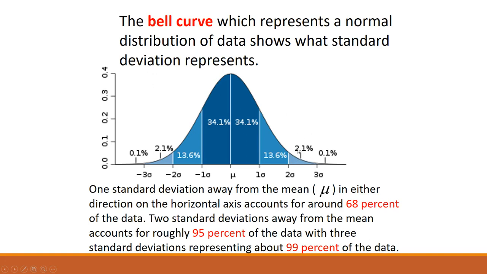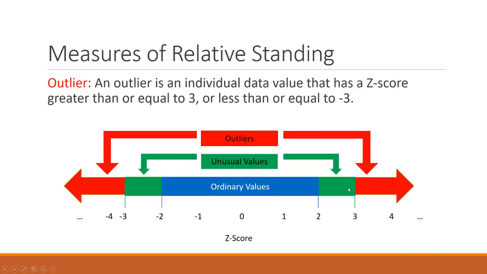In this graph, we say 2.1% probability of being between 2 and 3 standard deviations, and a 2.1% chance of being between -2 and -3 standard deviations. So we're looking at unusual values. It's unlikely to get a value between 2 and 3 or between -2 and -3.